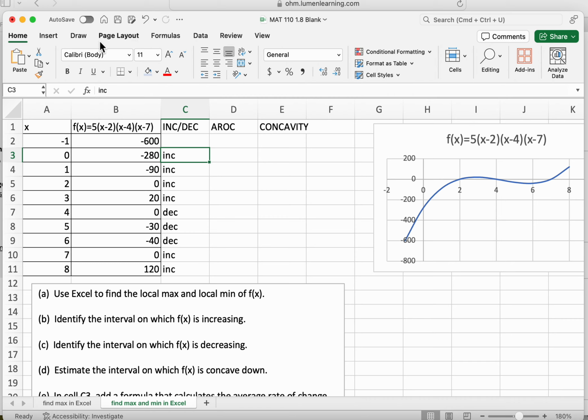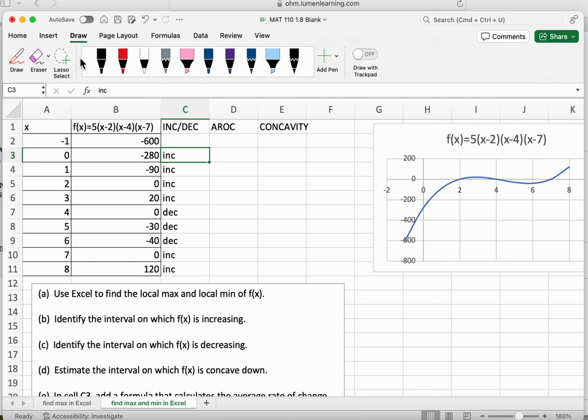And then if I look at my graph over here, I see that when x equals -1, y equals -600 down here. I can trace this. When x equals 0, my y equals -280. That's the point here. When x equals 1, my y value, or f of x, equals -90.